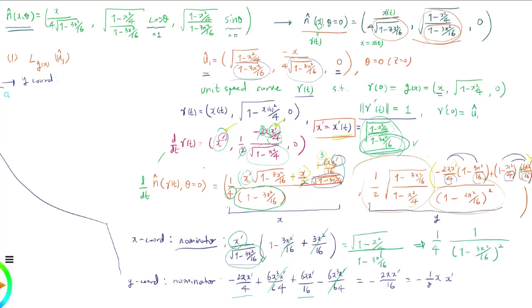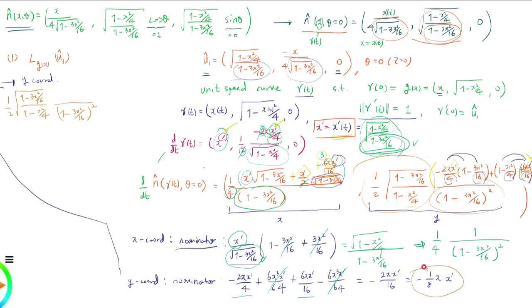So 1/2 of square root of 1 minus 3x squared over 16 over 1 minus x squared over 4, and I have 1 minus 3x squared over 16 and each square.